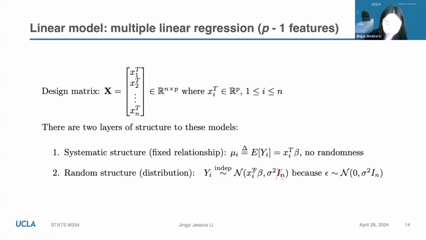The reason we have this is because we have the error term from this normal distribution. It should be i here because epsilon i follows this normal distribution. Oh, sorry, my bad. I should erase it. Let me see, eraser, laser pointer.